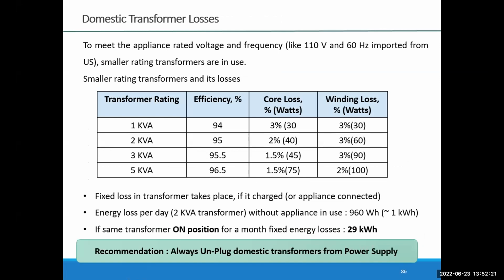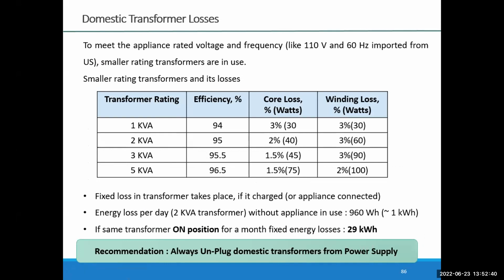That's what I have shown here in this example. Energy loss per day in a 2 kVA transformer without appliance in use is 960 watt hours. If you multiply that by the number of days, it is around 25 units.